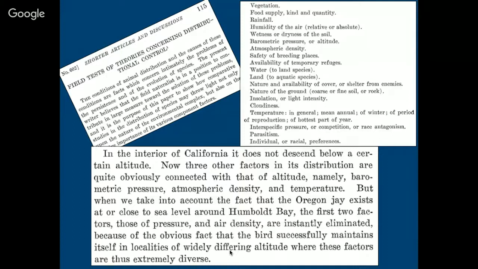Now, of course, nothing is perfectly clean in this world, and so notice the last few of these on this list: interspecific pressure, competition, parasitism, and individual preferences. So at least the competition and parasitism are interactions amongst species, and in that sense, Grinnell added in some aspects of the niche that were not abiotic.